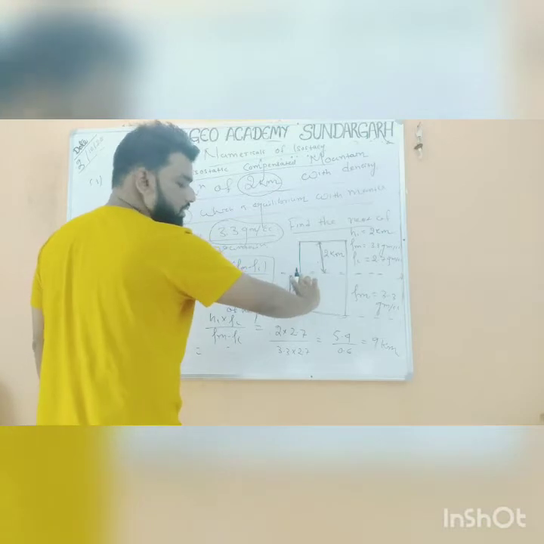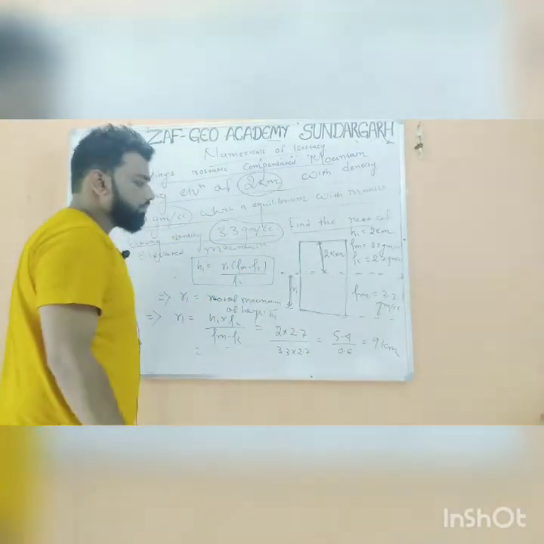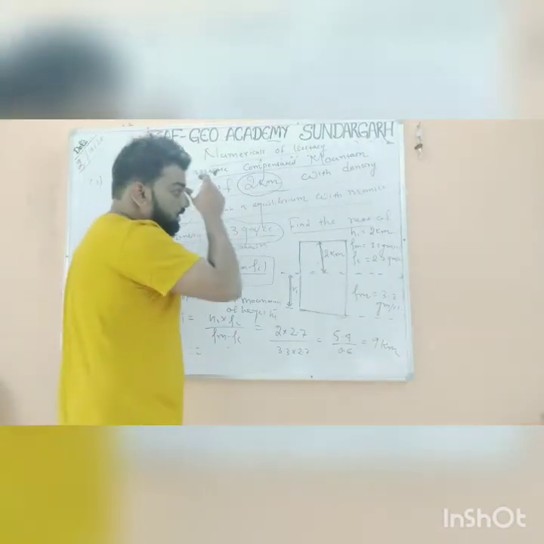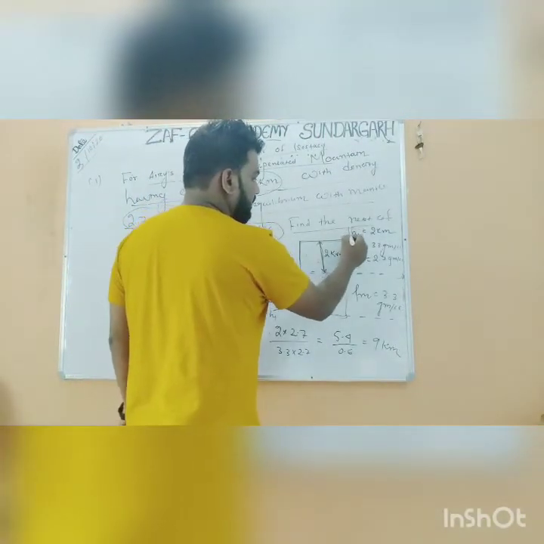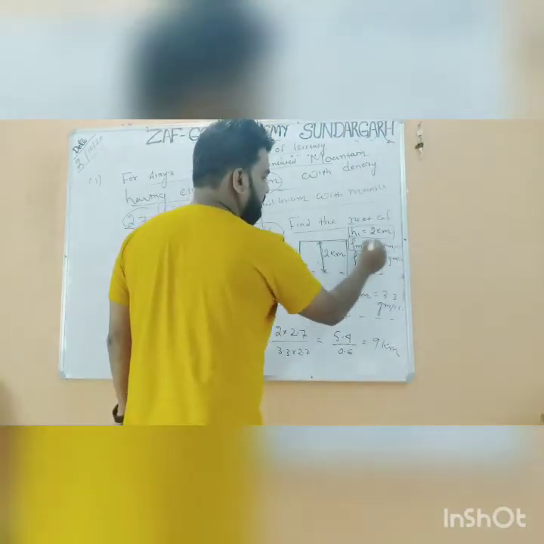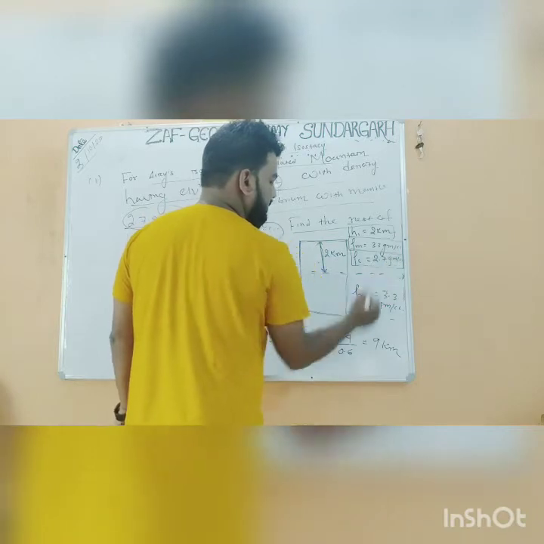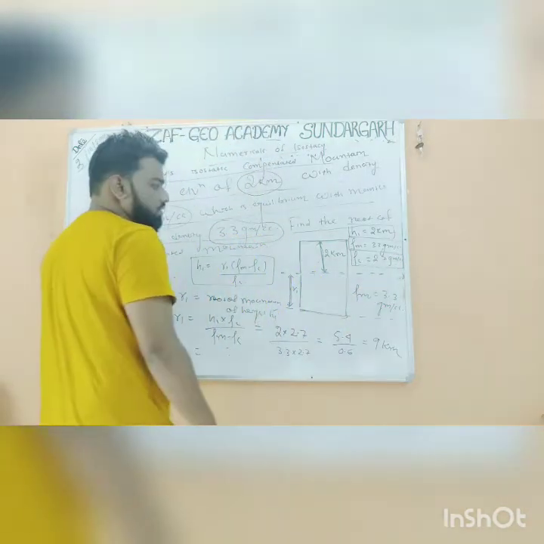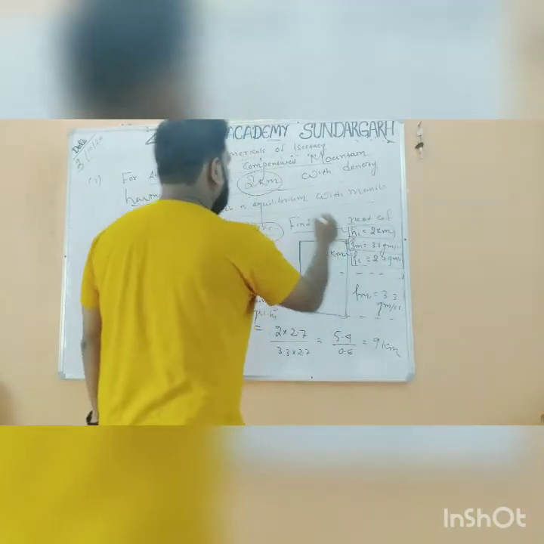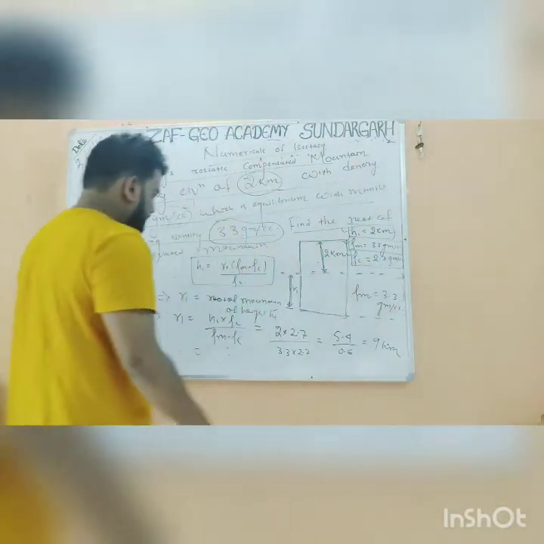So this is the root of the mountain, let this root be r1. Now the data he has given, I have written here: h1 is equal to 2 km, density of mantle is equal to 3.3 gram per cc, density of crust is equal to 2.7 gram per cc.